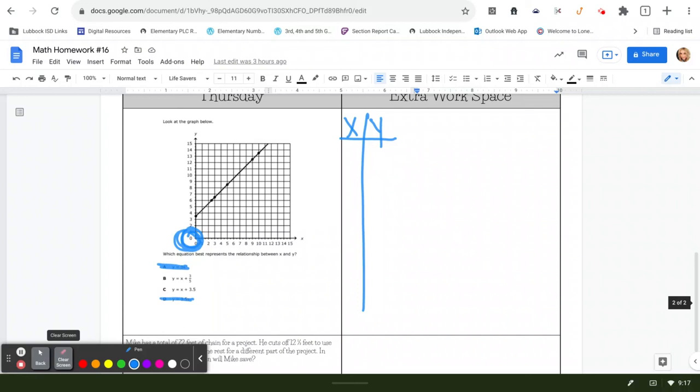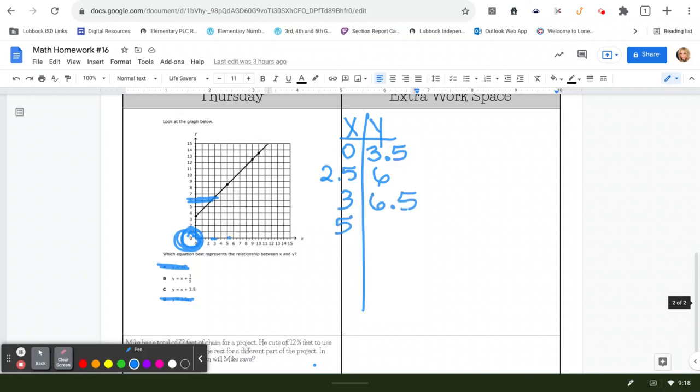Okay, next thing I need to look at are these ticks that fall between each one. Those represent half. So now I'm going to look. My first one goes over 0, up to 3.5 or 3 5/10. My next one goes over 2 5/10 and it goes up to 6. My next one goes over to 3 up to 6 5/10.